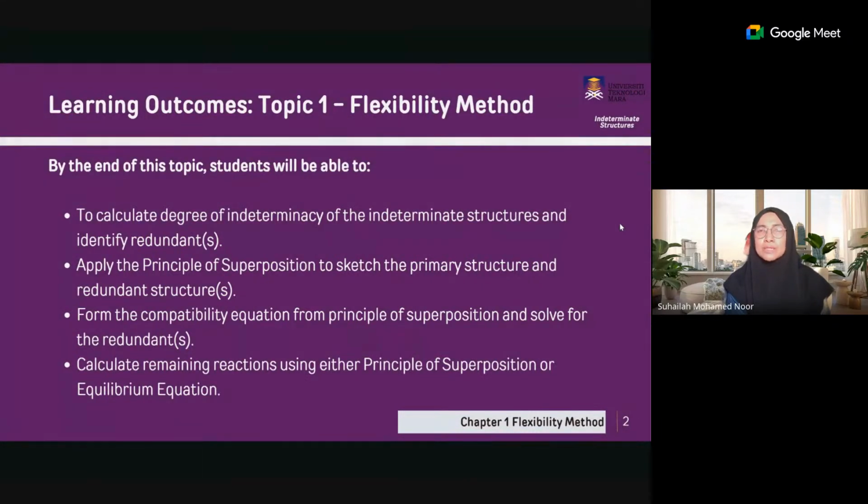Solving the compatibility equation is based on the principle of superposition, focusing on the displacement located at the redundant position, and it will give us the redundant. Once the redundant has been determined, then only can we determine the remaining reactions in the structure using either the principle of superposition or equilibrium equations.